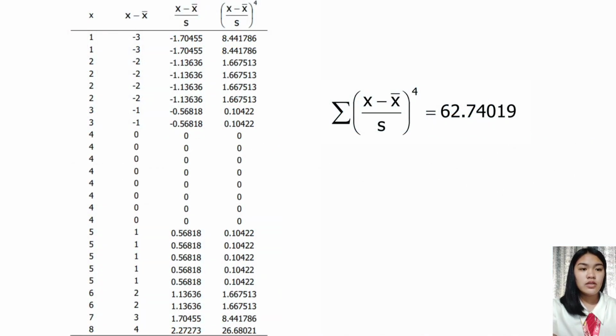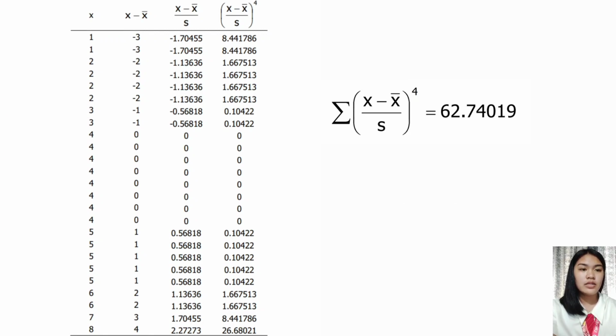Now, in column 3, the x minus mean divided by standard deviation, we have the first value, negative 1.70455 raised to the power of 4 will give us the value of 8.441786, and the same process goes on.